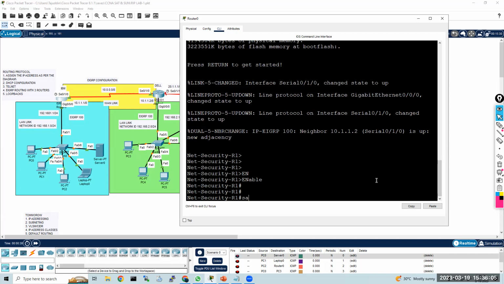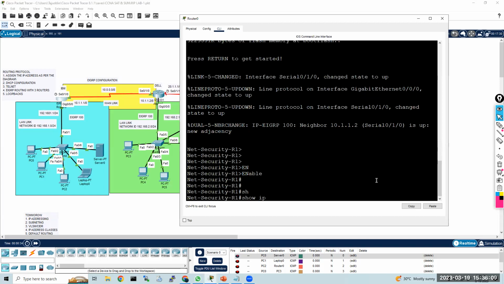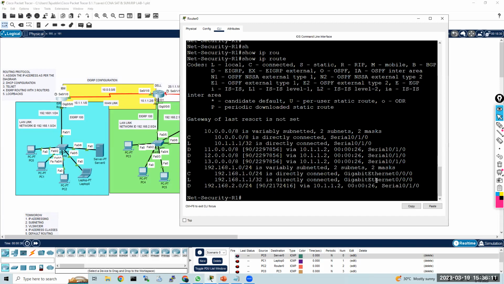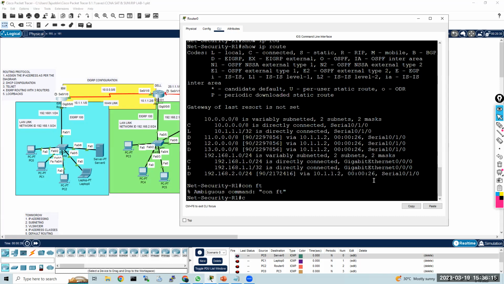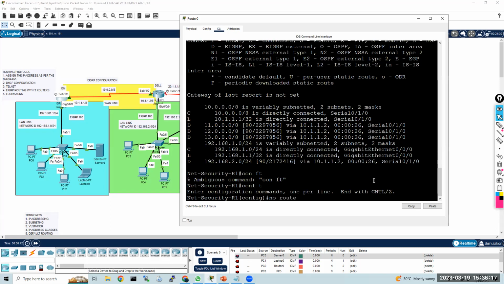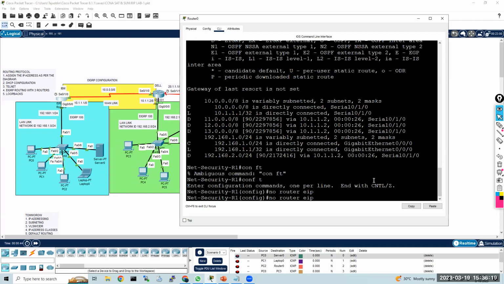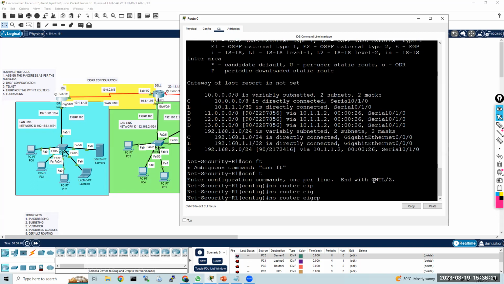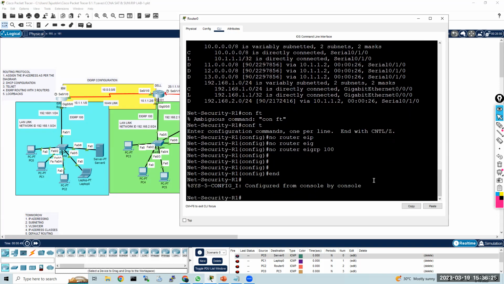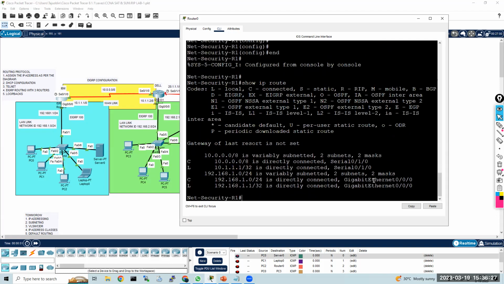Show IP route. So it has EIGRP configured now, we can see, right? I'm going to remove that. Go to global configuration mode, no router EIGRP 100. I think yesterday we had given 100. Done. If you type show IP route again, it has removed all the configuration.